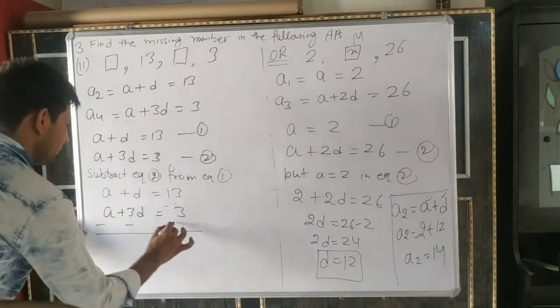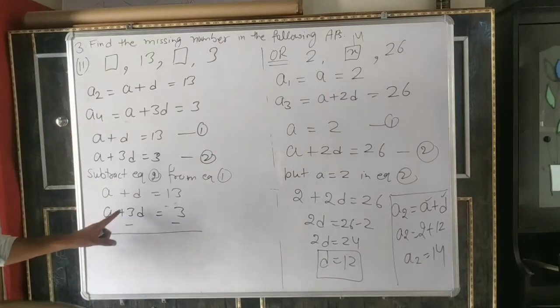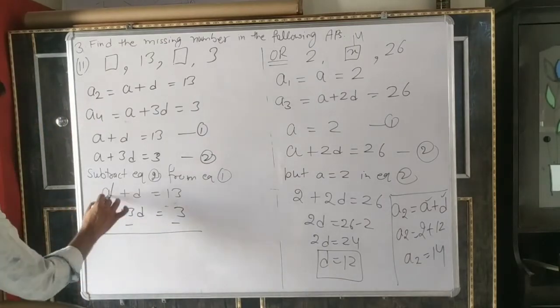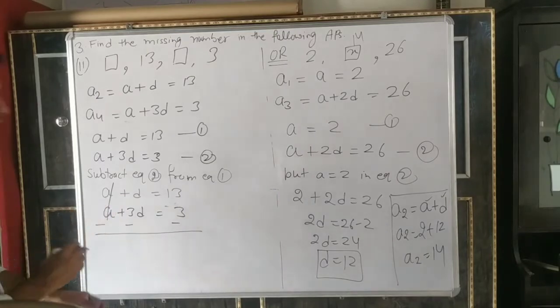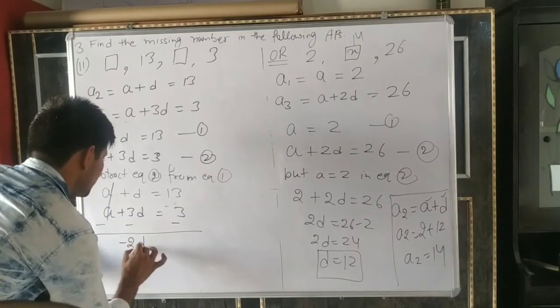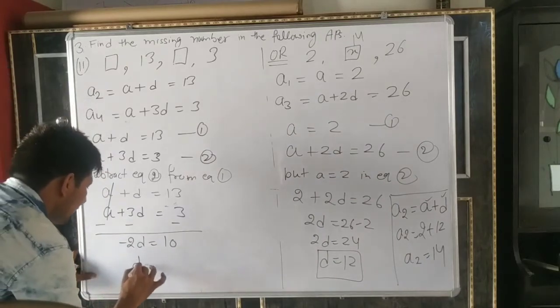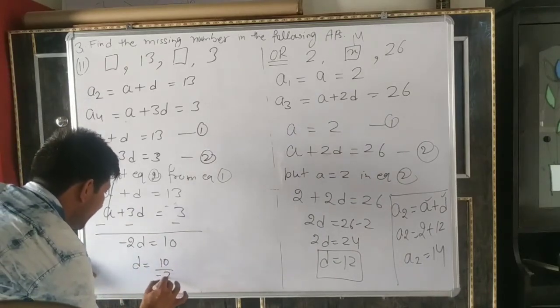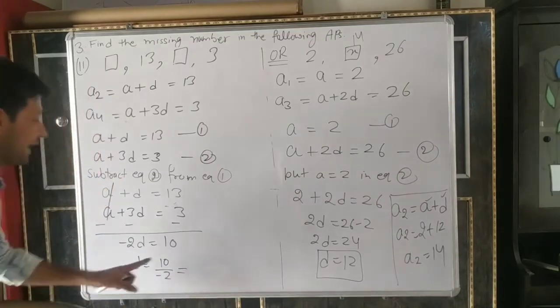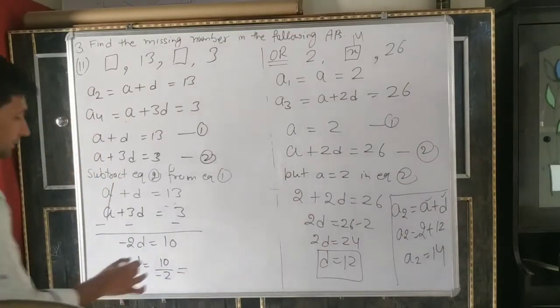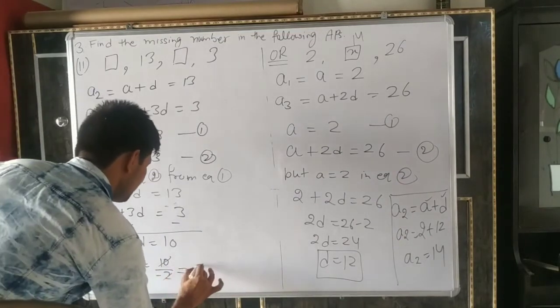Negative, negative, negative. Positive becomes negative. Positive becomes negative. A minus A is 0. D minus 3D is minus 2D, equal to 10. We want to find the value of D. So minus 2, the other side divide by minus 2. So it is 10, positive divided by negative, negative. So it comes minus 5.